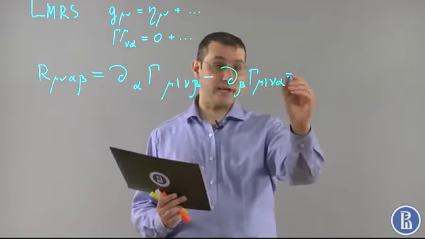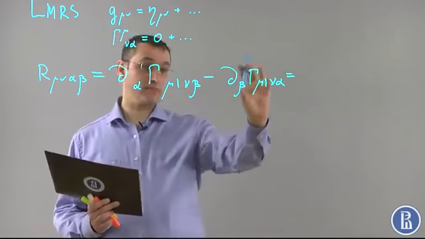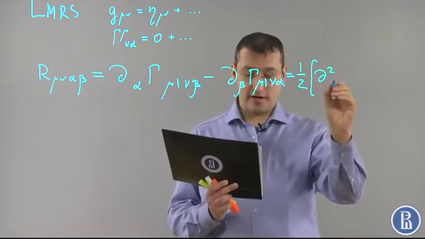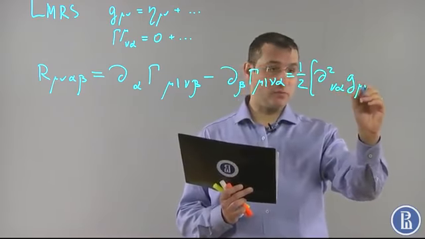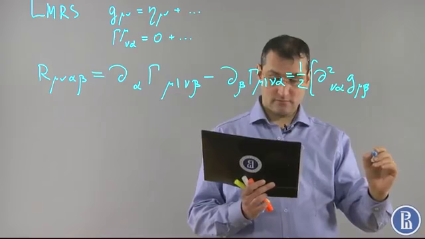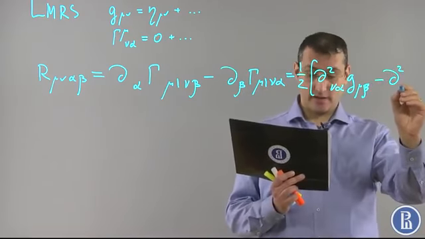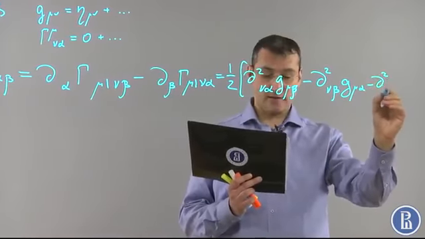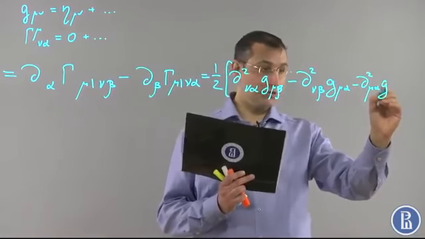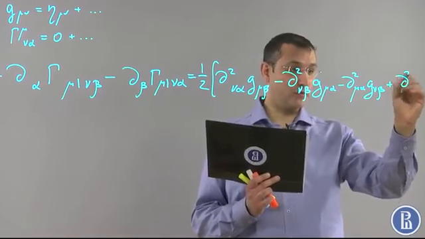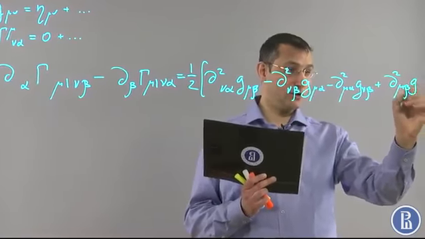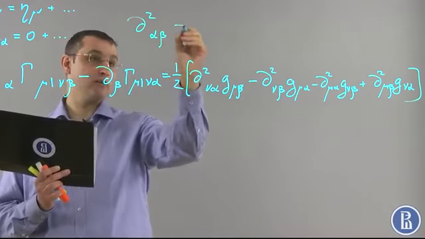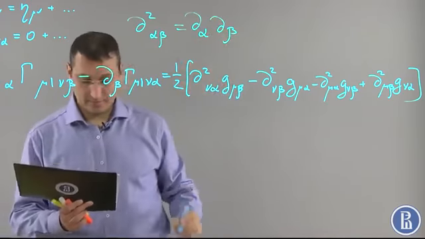Or, which is the same, after plugging in expressions for Γ, it is 1/2 of ∂²_{να} g_{μβ} minus ∂²_{νβ} g_{μα} minus ∂²_{μα} g_{νβ} plus ∂²_{μβ} g_{να}, where we have introduced a notation that ∂²_{αβ} is just the second derivative, ∂_α ∂_β.